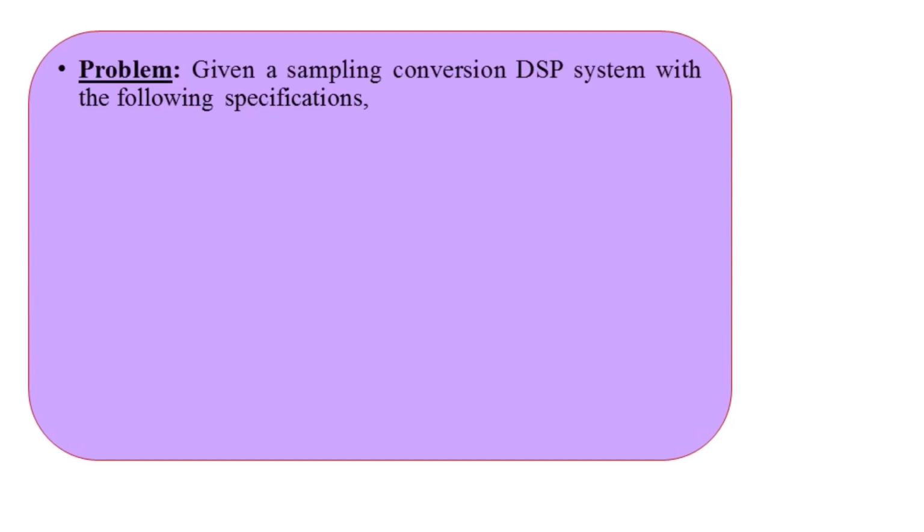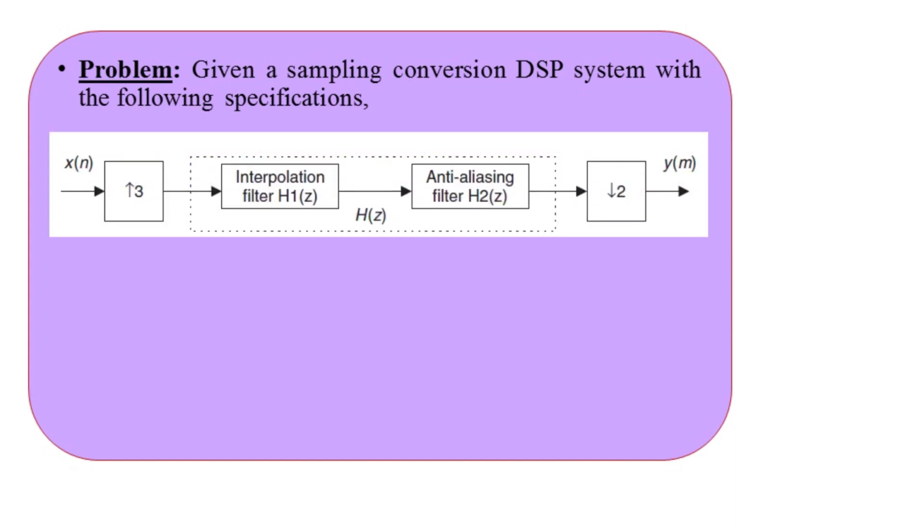The statement starts with: given the sampling rate conversion DSP system with the following specifications. First of all, we have the specifications denoted on the block schematic, and then in words also. So this is the block schematic. Here we have X of N fed as the input to the first block, denoted with an upwards arrow and 3 beside it.